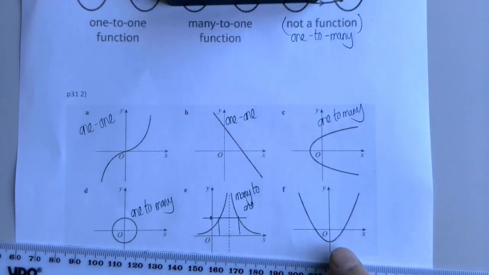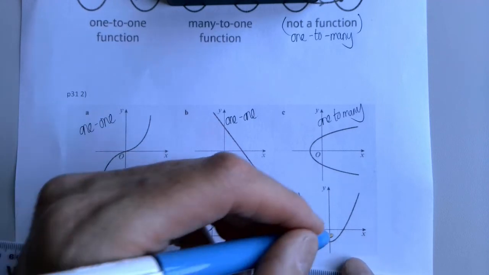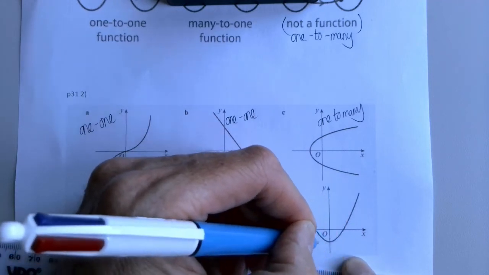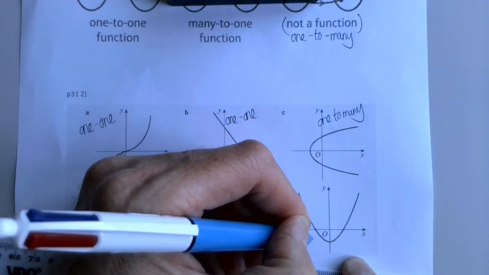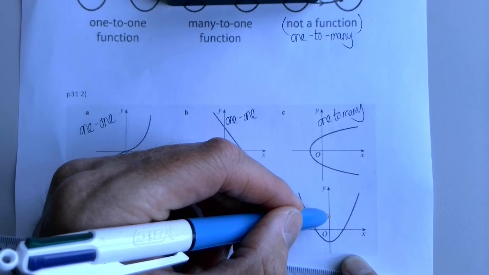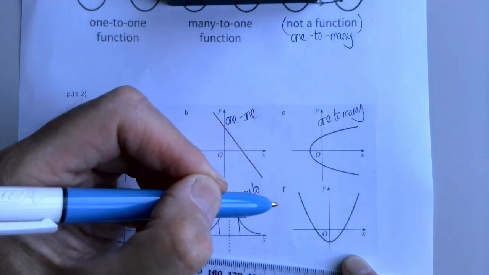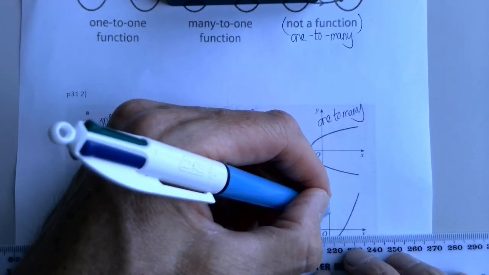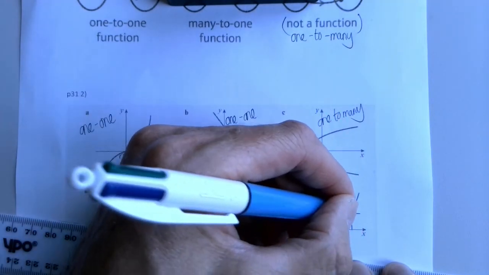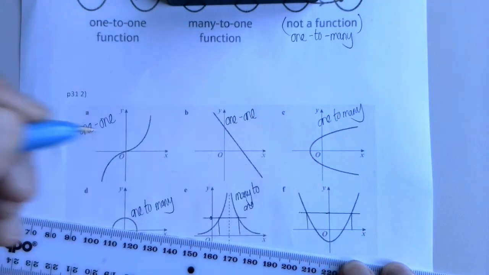And lastly, we're back to an example where each value of x only gives me one value of y, but each value of y comes from two values of x. So for example here, I've got two values of x giving me that same value of y.